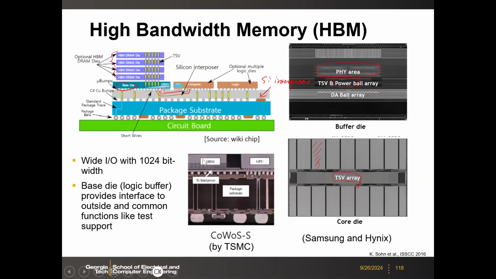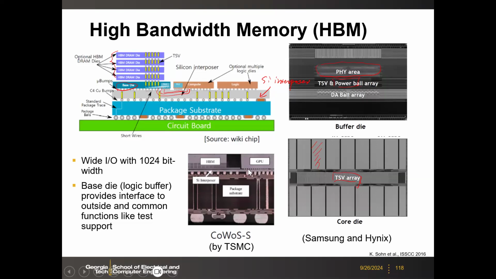Here you see the multiple DRAM dies, HBM, and then this silicon interposer, and then this is a GPU, and then this is a package substrate. This is TSMC's technology called CoWoS. This is the mainstream technology for HBM fabrication.